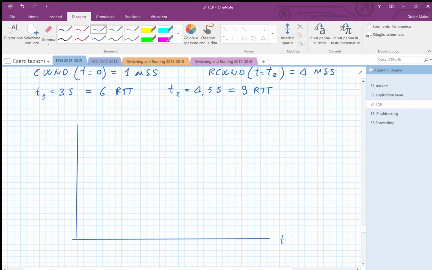So here we have the time, here we have the size in terms of maximum segment size, the time in terms of round trip times, and we have to go until 8 seconds, 8, 16.